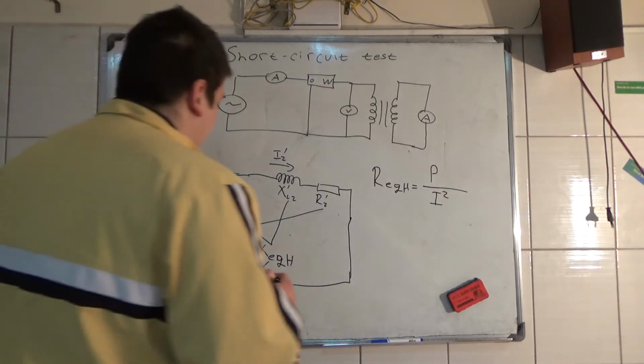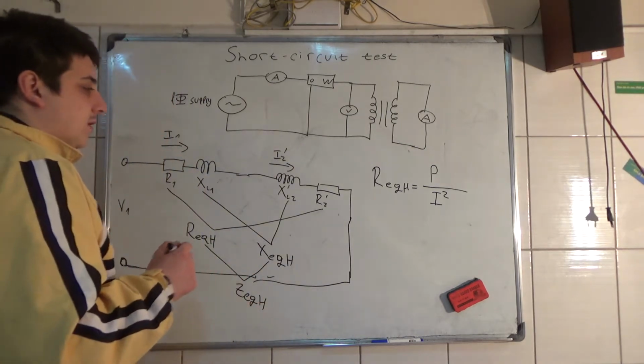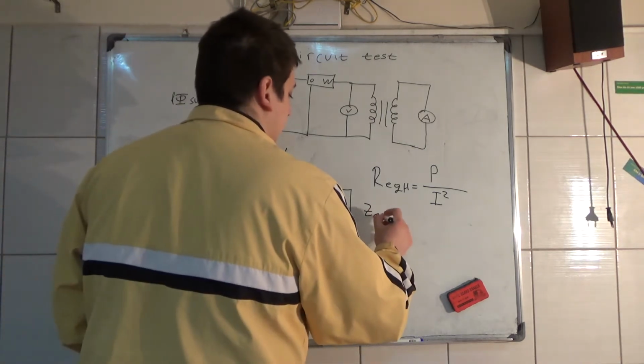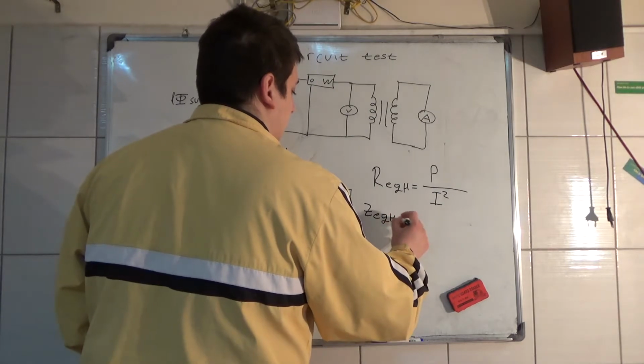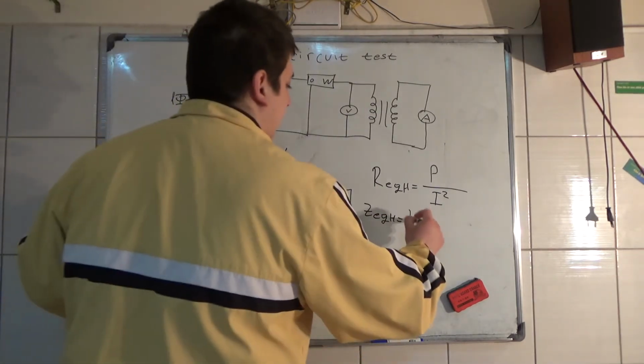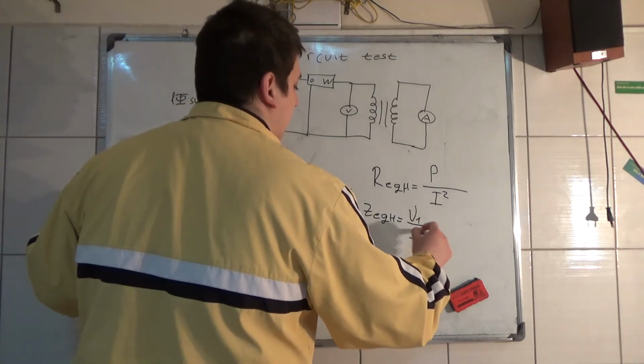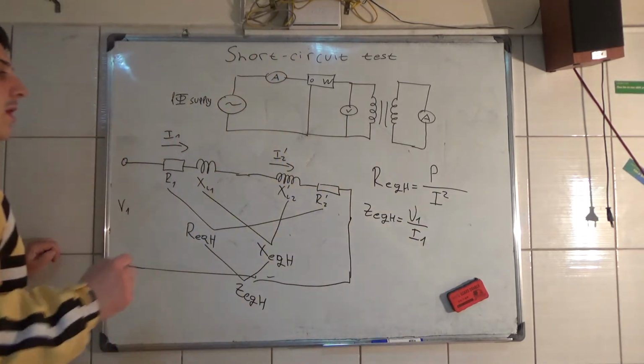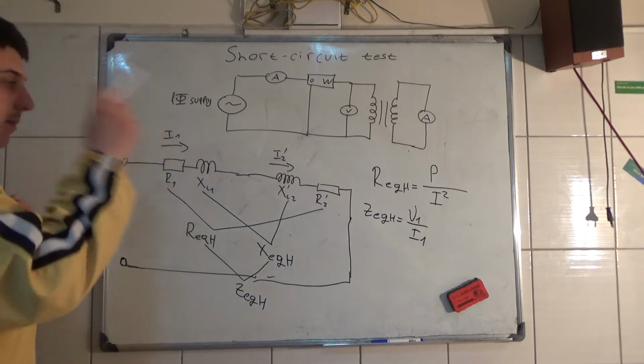The impedance is equal to V1 divided by I1, from the apparent power.